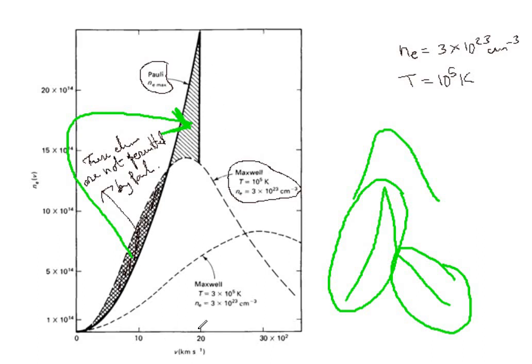Now for this temperature, the gas with Ne equal to 3 times 10 to the power 23 per cubic centimeter is not degenerate, even though the temperature was 10 to the power 5 Kelvin.